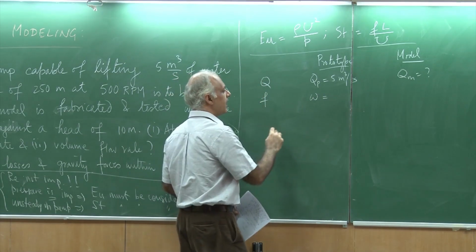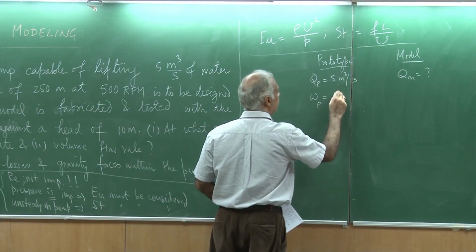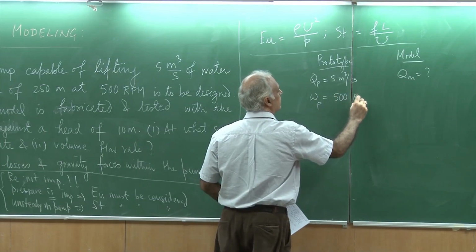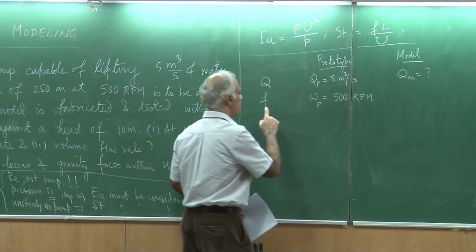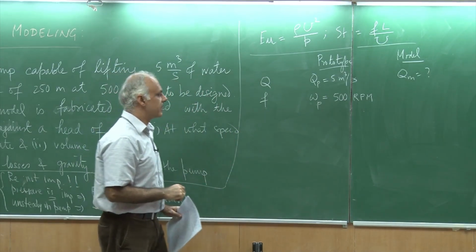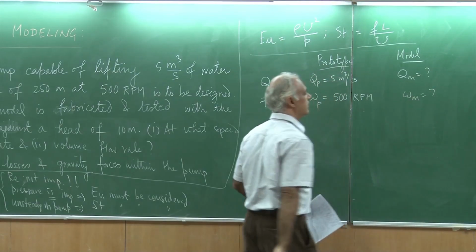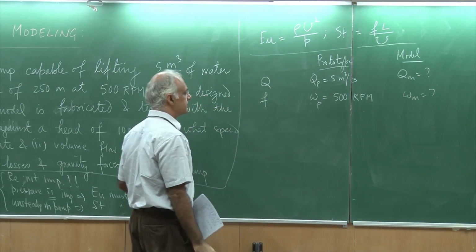I will denote it by omega for the prototype, that is given as 500 RPM. So, f is related to omega, the angular frequency. And this is again something that I need to get out of the system.